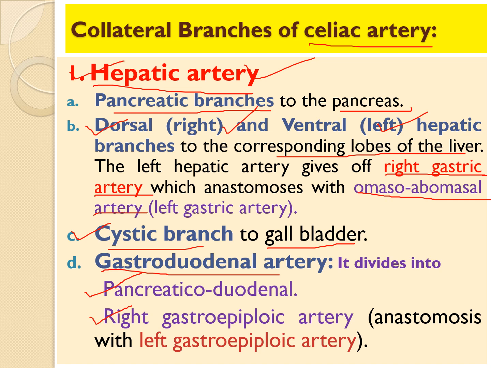The pancreatico-duodenal artery supplies the pancreas and the duodenum, and it anastomoses with the anterior mesenteric artery. While the right gastroepiploic artery supplies the pylorus, and it anastomoses with the left gastroepiploic artery.